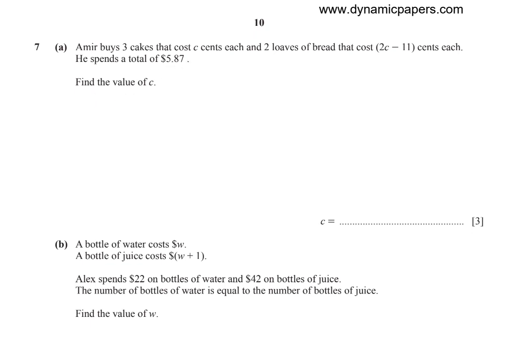Find the value of C. The cost for the cakes is 3 times the cost of each one, so 3 times C, and the cost for the loaves is 2 times the cost of each one, which is 2C minus 11. This equals, now we have the cost in dollars, we need to change into cents because we have the cost for cakes and loaves in cents, so 587.